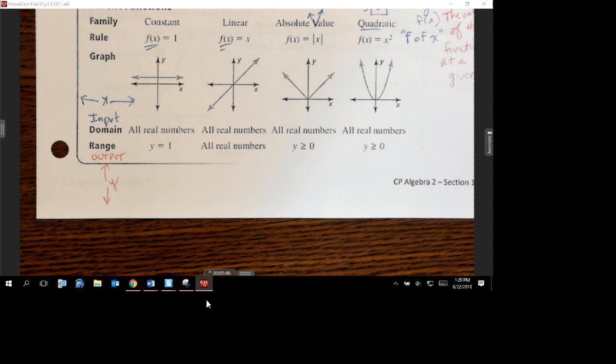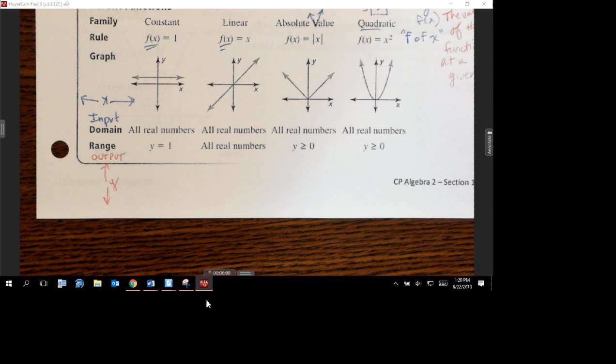The parent crosses there at 1. How far up does it go and how far down does it go? It's only at 1 number. That's the only y value. Every single ordered pair would be y is 1. So that is why our range is just y equals 1.